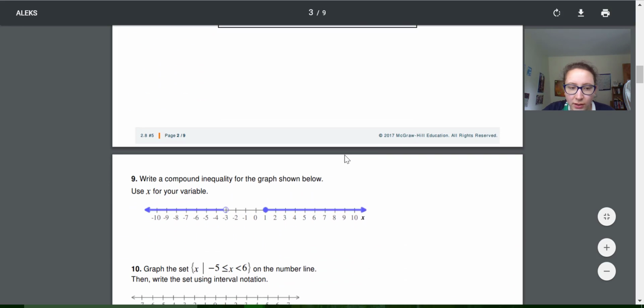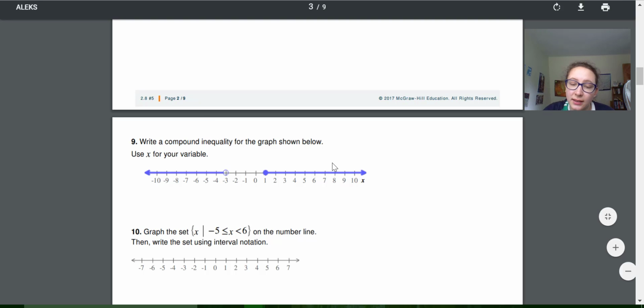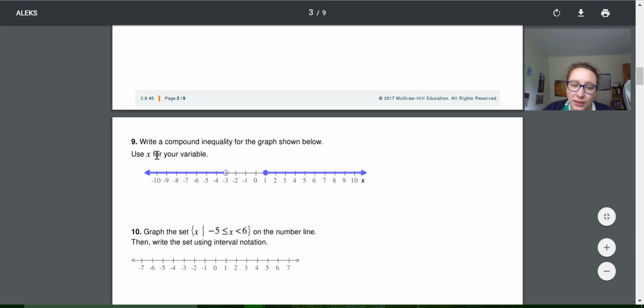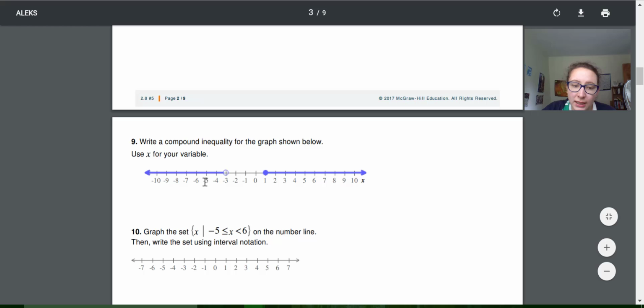Now let's take a look at also number 9. So in this one, they're giving you a graph, and you have to write the inequality. Now, since there's two different lines that don't intersect, this is going to be an OR problem. So we know that the variable, which they want you to call x, is less than 3, but this open circle means it cannot be 3.